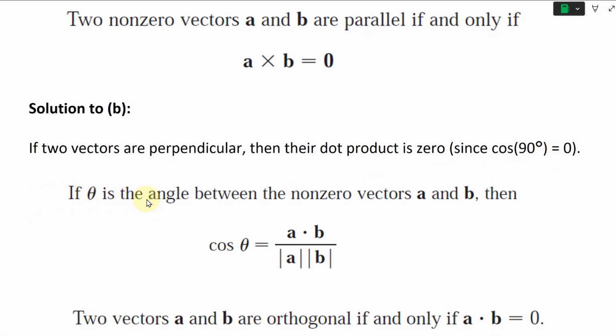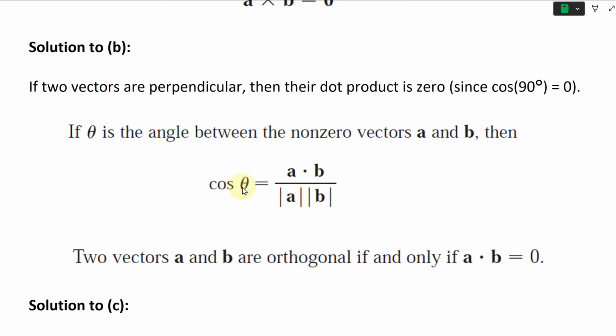If theta is the angle between the non-zero vectors A and B, then cosine theta is equal to A dot B divided by the lengths of A and B. Two vectors A and B are orthogonal if and only if the dot product is equal to 0. Again, this means 90 degrees, cosine 90 degrees or pi over 2 radians is equal to 0. And hence it's used in the definition for the plane.